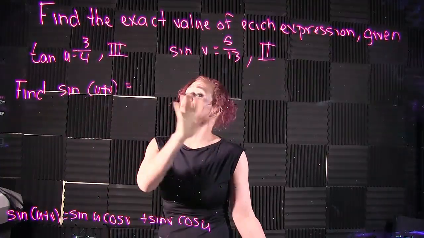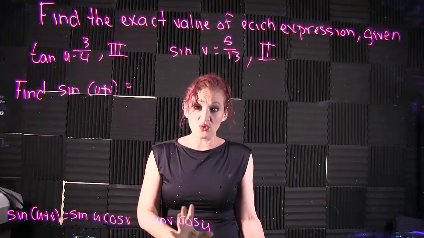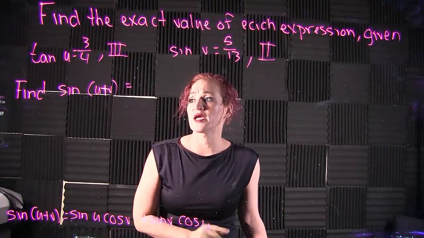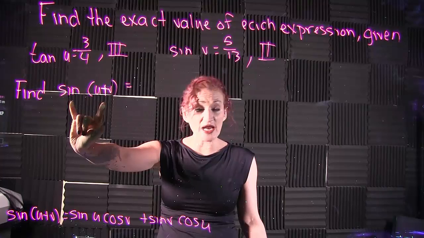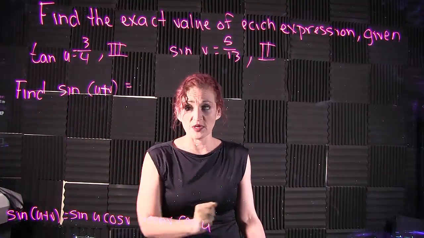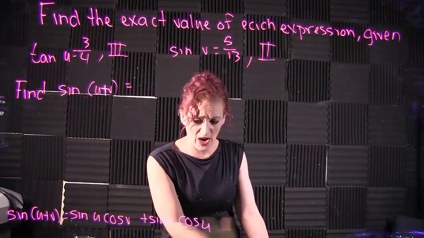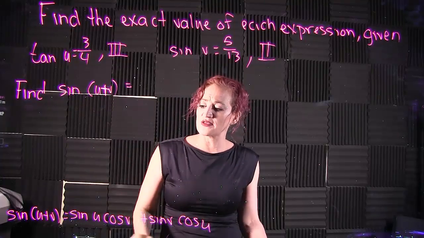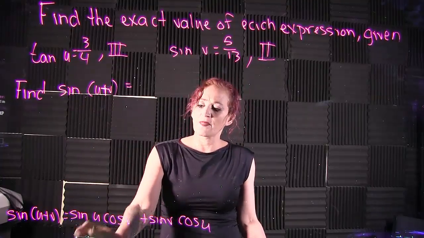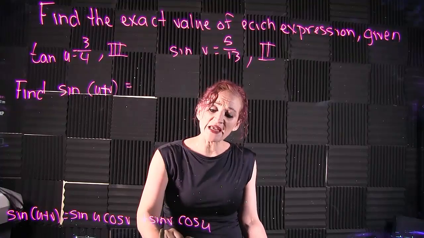So there's a few things that we need to know in order to start this problem here. Well, first off, if we need to find sine u plus v, we need the full formula for sine u plus v, which is right over here. In order to calculate this, we need to know sine of u, cosine of v, sine of v, and cosine of u.